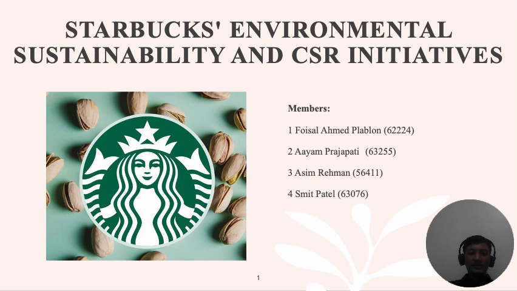In this presentation, we have used two different theories, Kotter's eight-step change model and Simon's bounded rationality theory, to assess the Starbucks strategic change. We aim to evaluate how leadership and decision-making frameworks help to promote CSR and sustainable development.